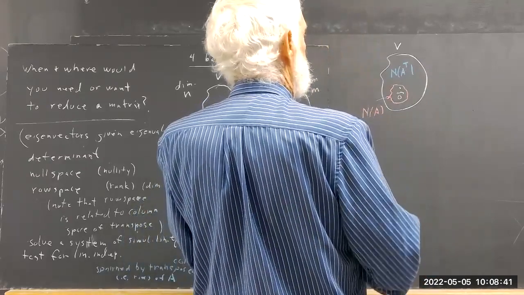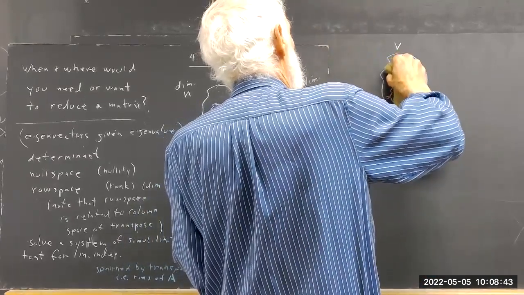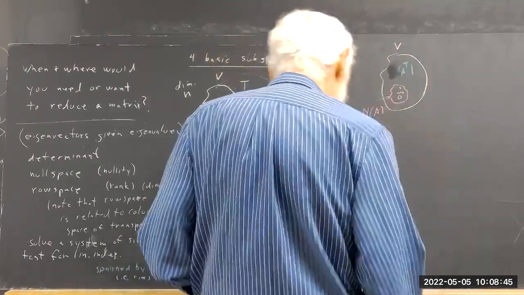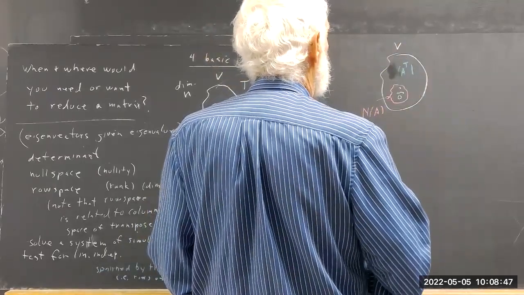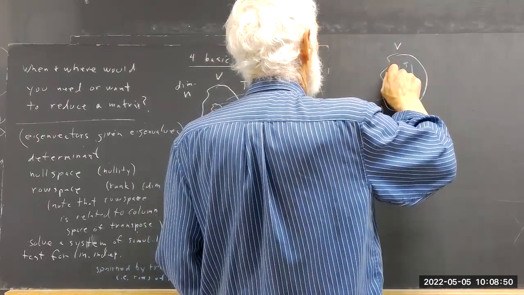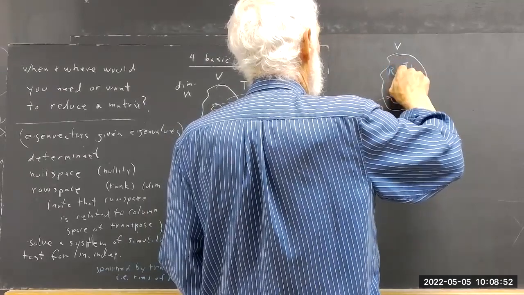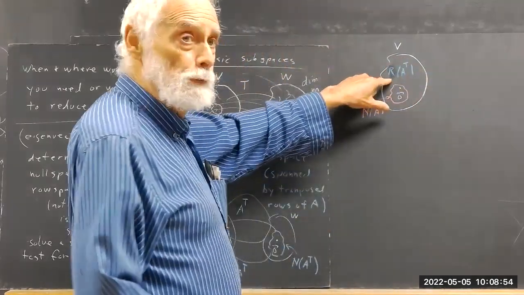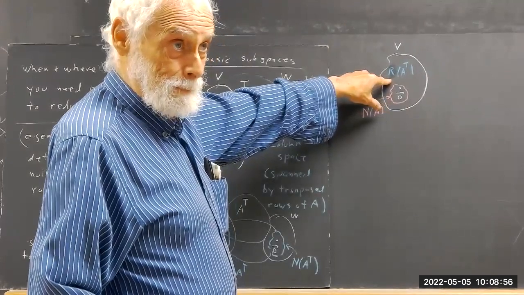And by column space, to denote column space, a little confusing, and we talked about that. They use an R here, which makes you think of rank. Okay.